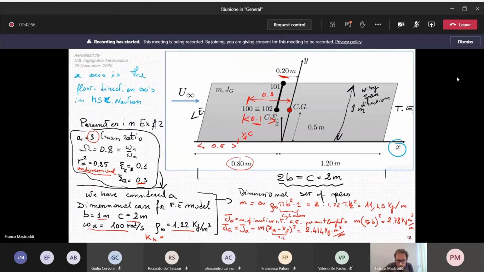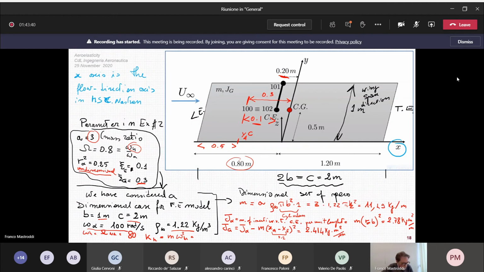KH is equal to mass per unit length times omega h squared. Omega h is capital omega times omega alpha. Capital omega is 0.8, and so omega h is 80 radian per second per meter.